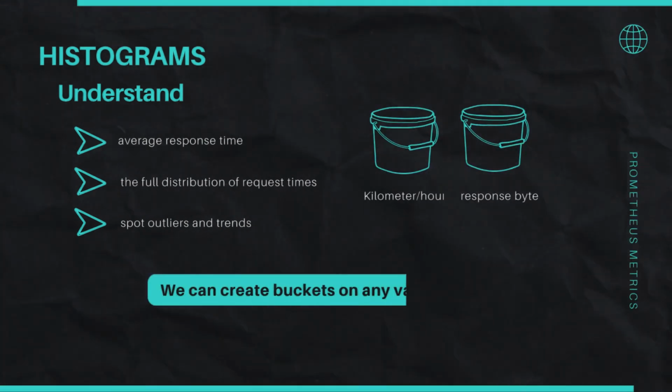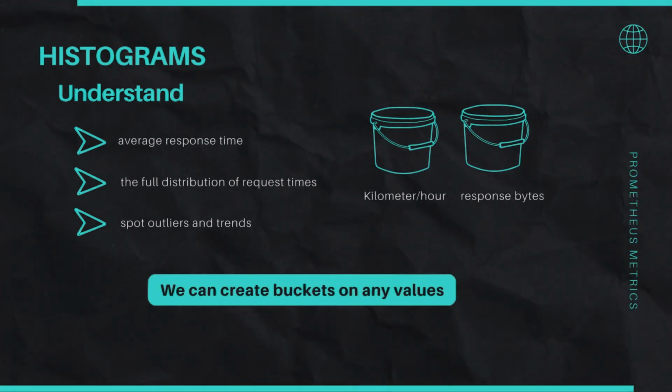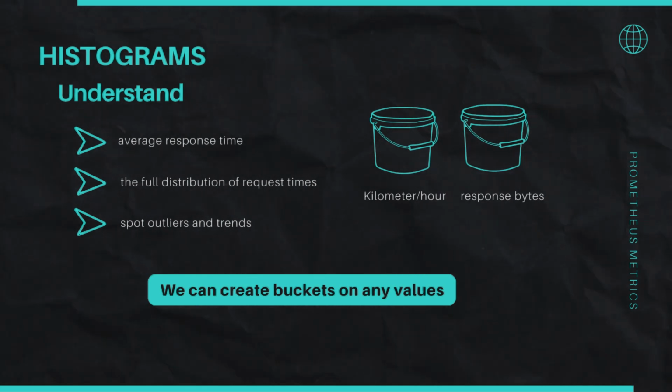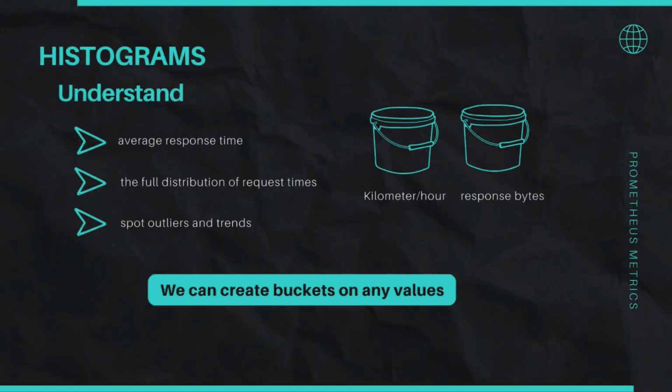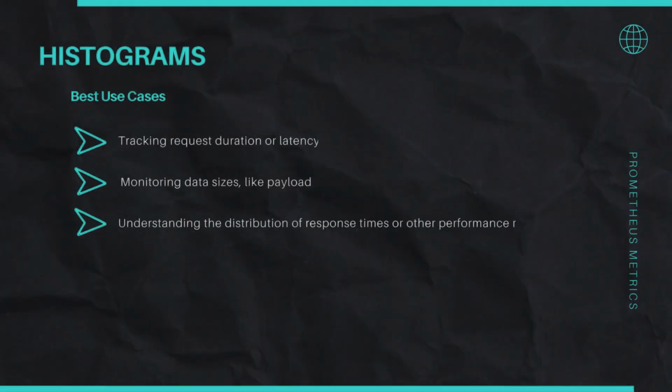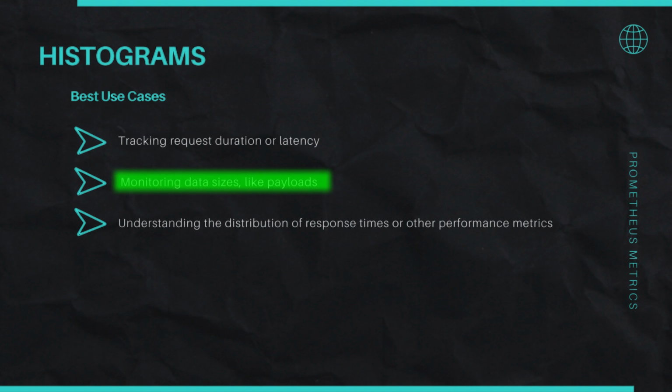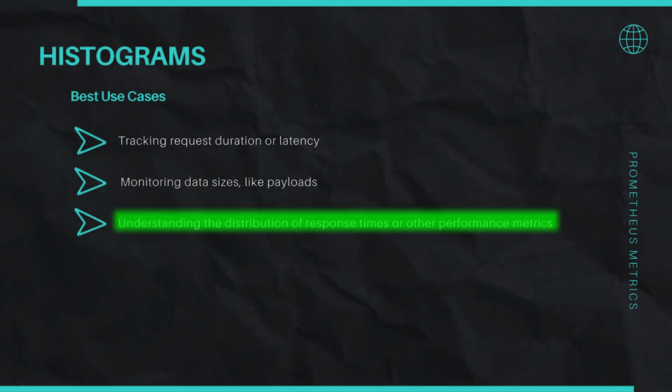You can create buckets with other values too, like kilometers per hour or response bytes. The key thing to remember is that buckets are not only meant to work with seconds.